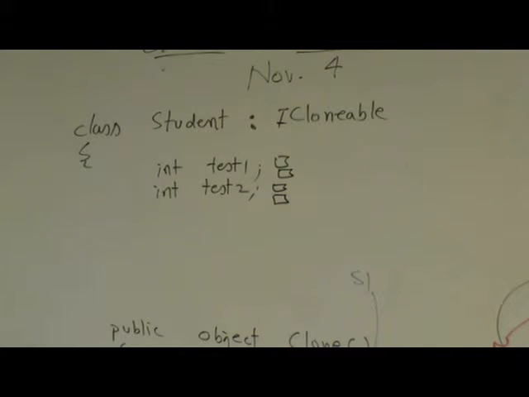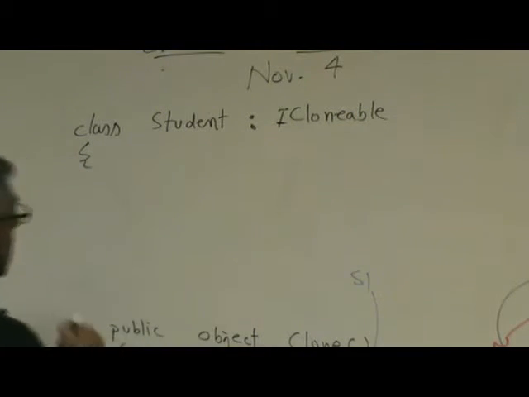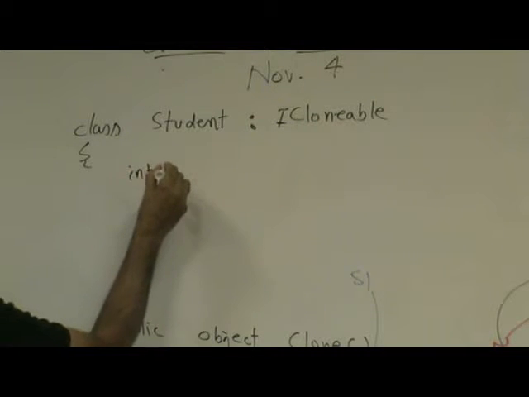Okay. What if somebody says, maybe sometimes we'll need 3 tests? Okay. So let's create an array of tests rather than simply writing test1, test2 as 2 separate fields. So if we were to create an array of tests, what will it look like?